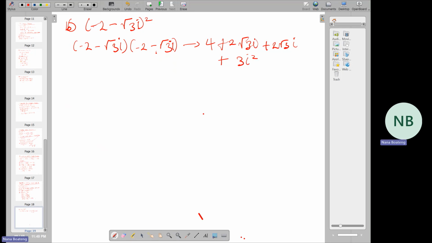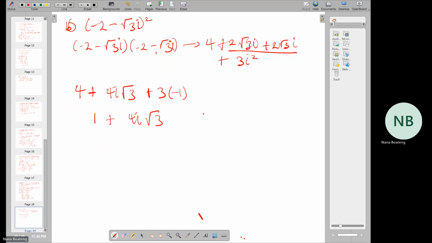All right, so this becomes 4 plus 4i square root of 3, these two added together, and plus 3 times negative 1, since i squared is negative 1. And so this becomes 4 minus 3 is 1 plus 4i square root of 3.